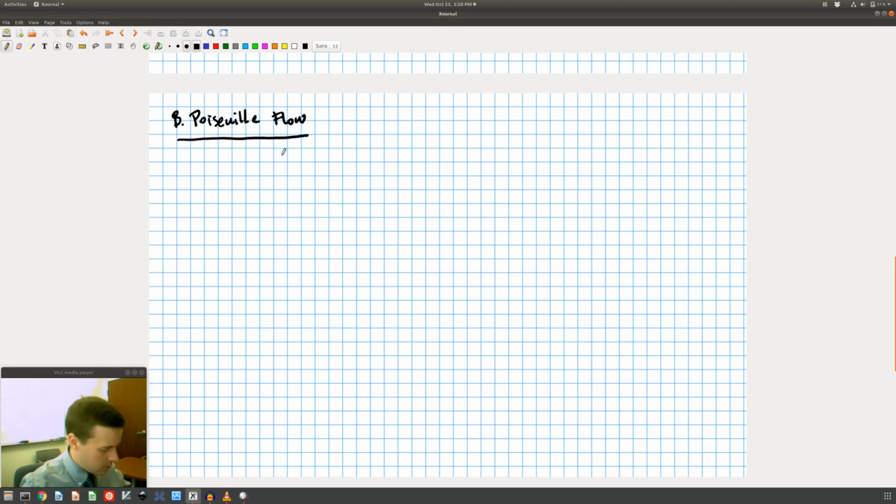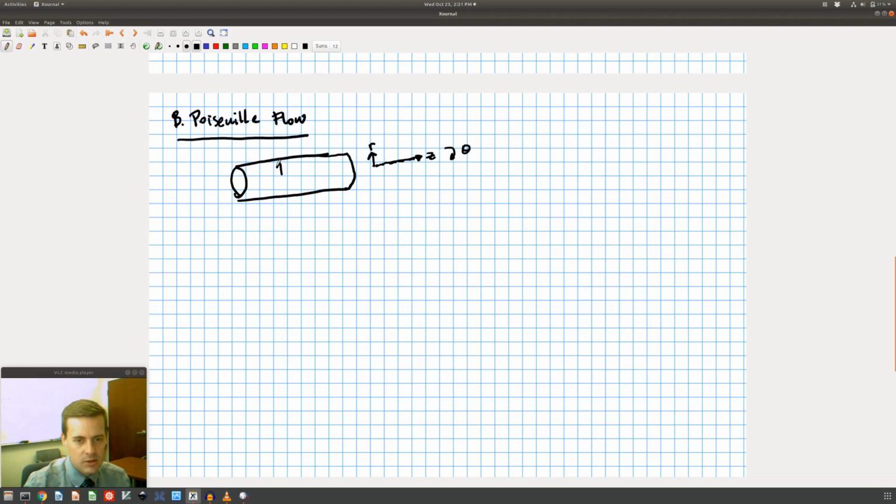Okay, so now in Poiseuille flow, I'm going to use cylindrical coordinates to look at a pipe. And my coordinate system looks like this. r is in the radial direction, and z is the direction down the pipe, and then I have theta going around, it looks like clockwise sort of.